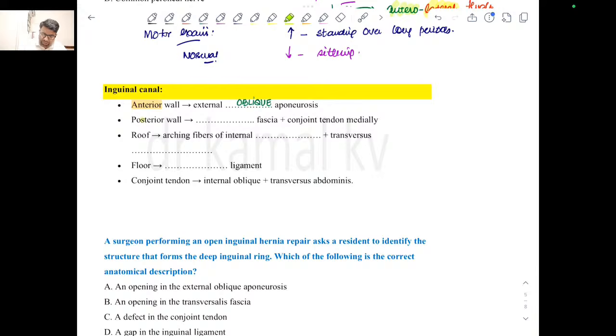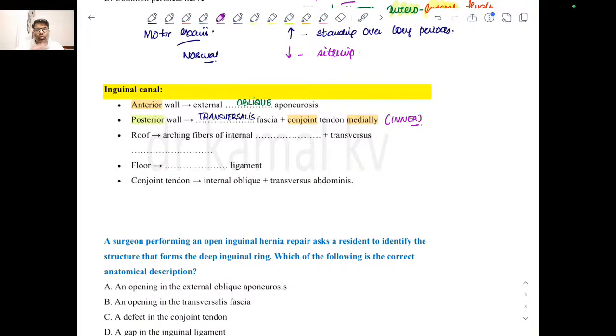Then posterior wall, it is formed by transversalis fascia plus conjoint tendon as we go towards the medial side, right? So transversalis fascia on the lateral part and conjoint tendon in the inner part. Okay, so medially means inner part.